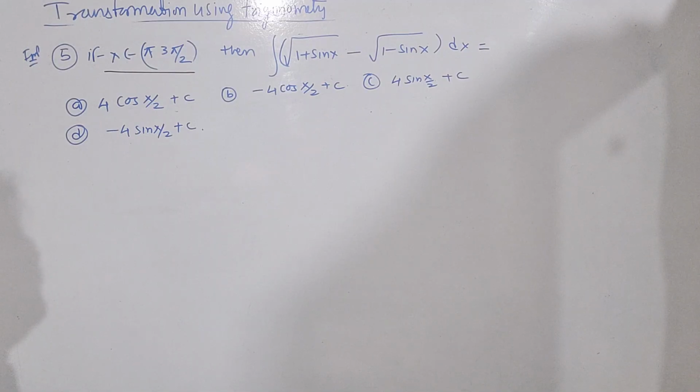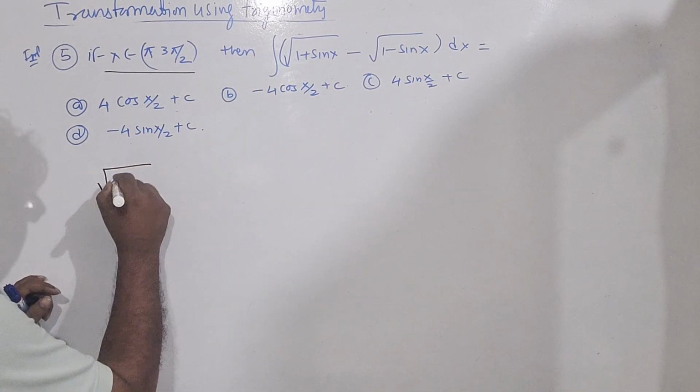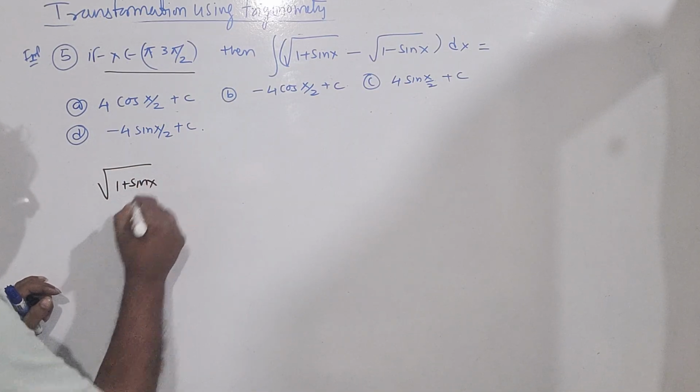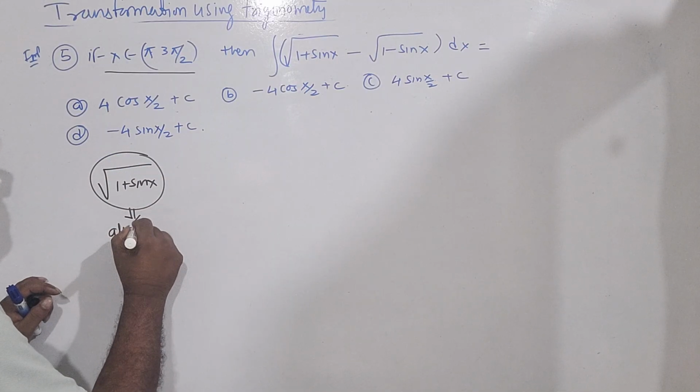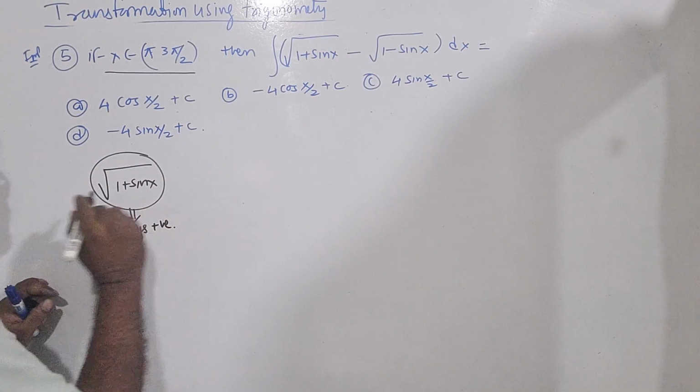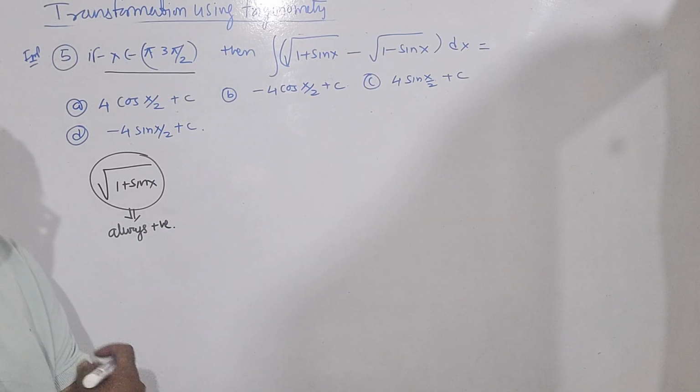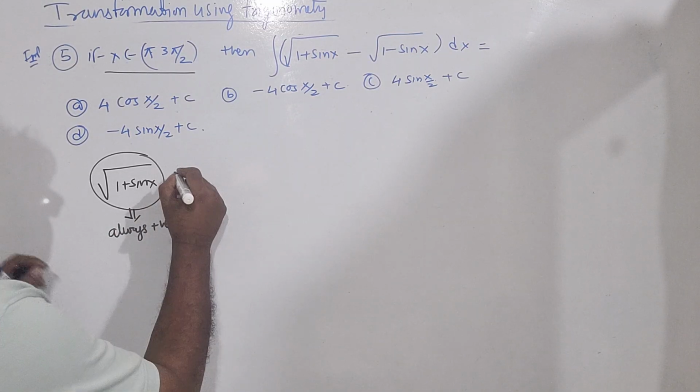Then we have to integrate square root of 1 plus sin x minus square root of 1 minus sin x dx. Now square root of 1 plus sin x, first of all this is a square root quantity, so therefore it must be always positive, and because of that we always put the mod, correct?